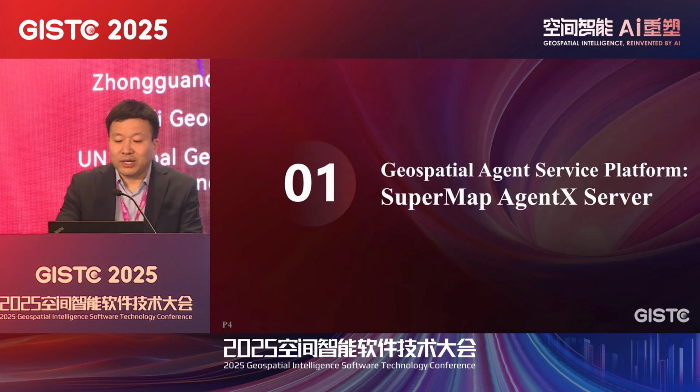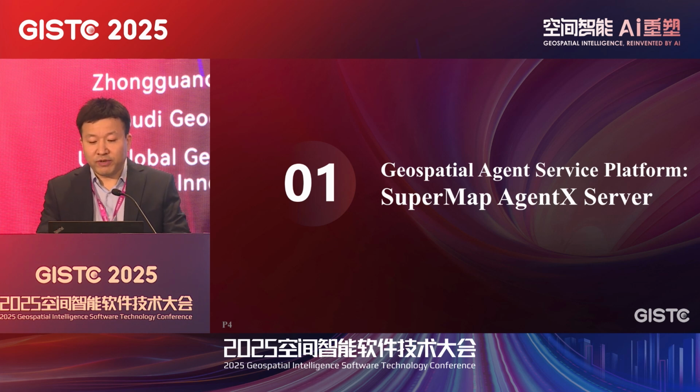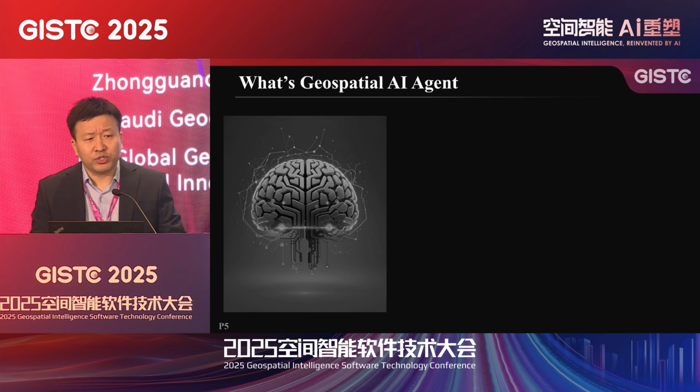Okay, now let's dive into section 1, the Geospatial Agent Service Platform, SuperMap Agent Server. What is a Geospatial AI Agent? Okay, I think it's based on the general AI agent. It helps us to achieve specific goals.